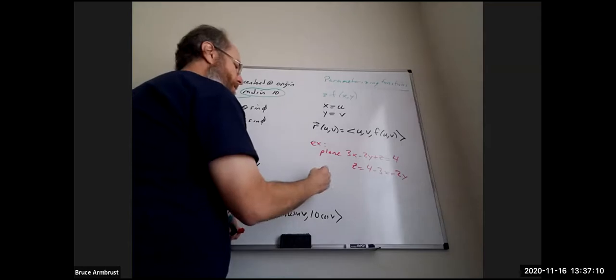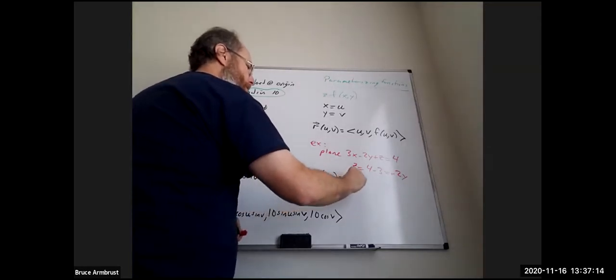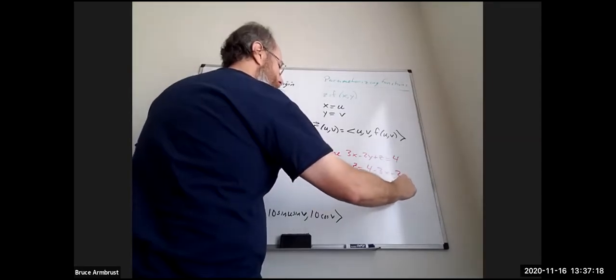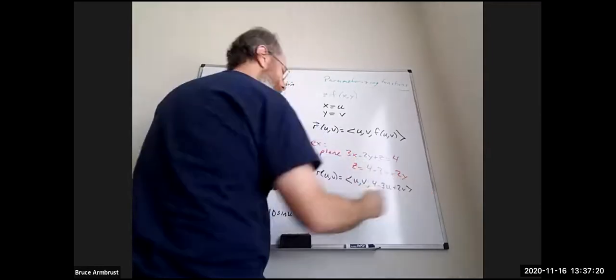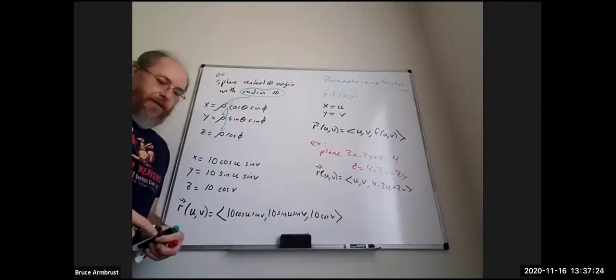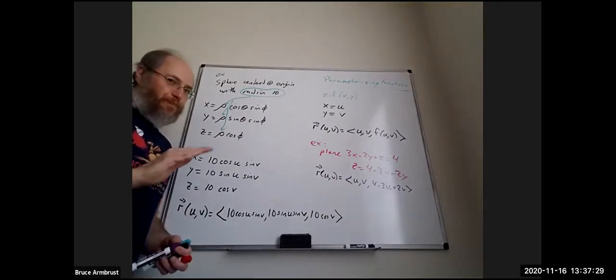So its parameterization then is going to be u comma v comma 4 minus 3u plus 2v. And there you go. You just parameterized that plane. Piece of cake.